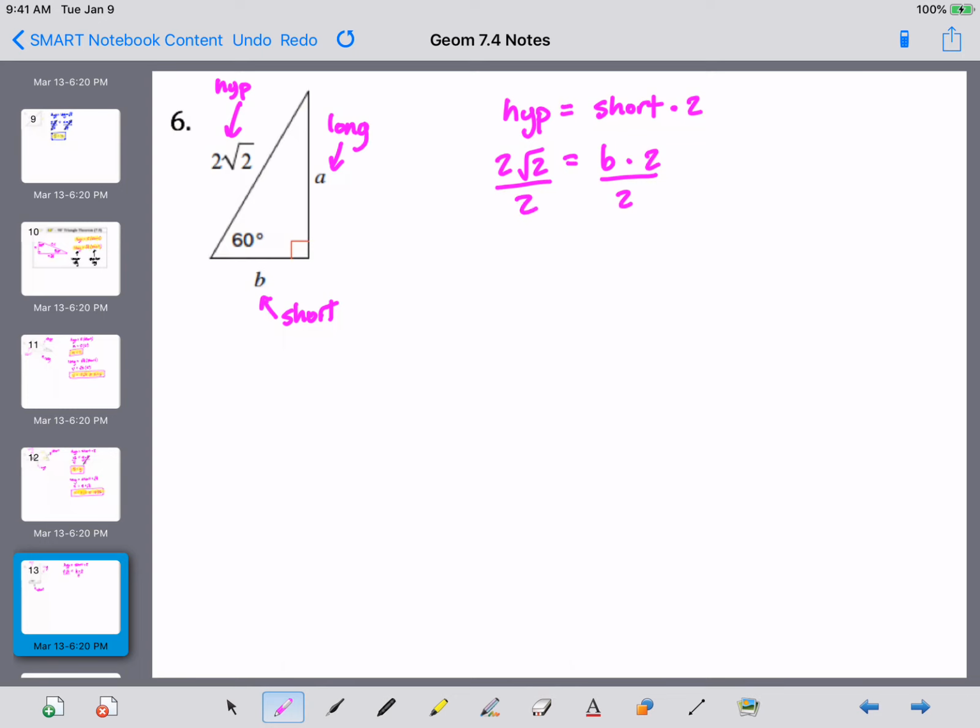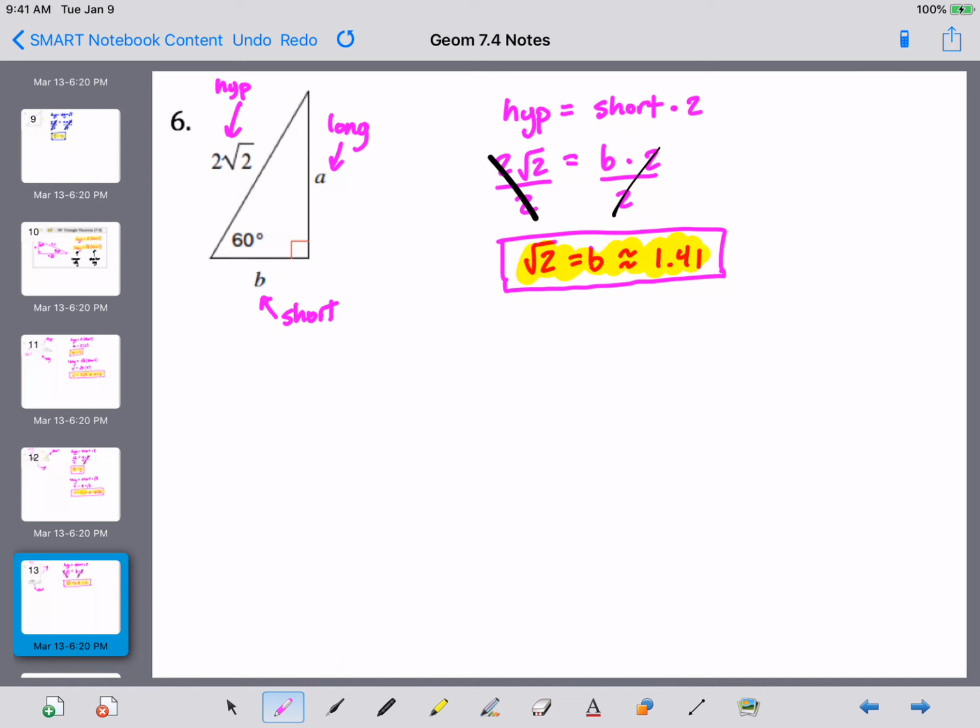So if we divide both sides by 2, these cancel. And over here on the left, these 2's also cancel, so we end up with the square root of 2 is equal to b. And again, if you prefer decimal form, square root of 2 is about 1.41. So now we know the length of the short leg is the square root of 2.